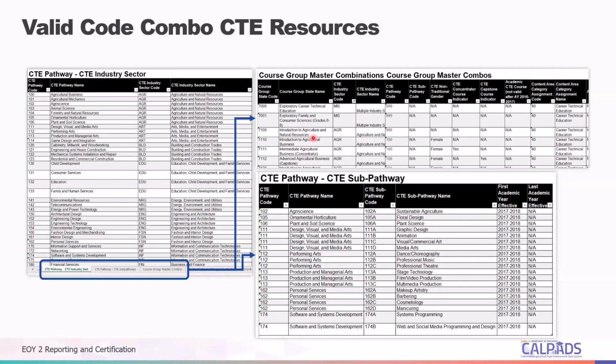Meaning if the pathway program was not completed in the proper sequence and you attempt to report SCTE record completion in this current year, you also have to report the CTE capstone course in the year that you are telling us that the student is a CTE completer.